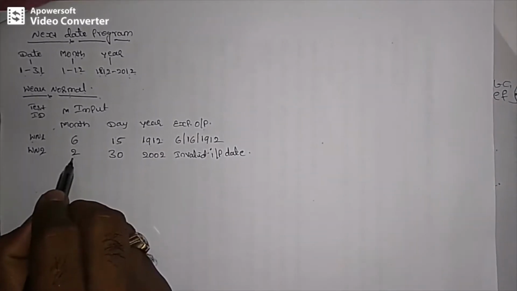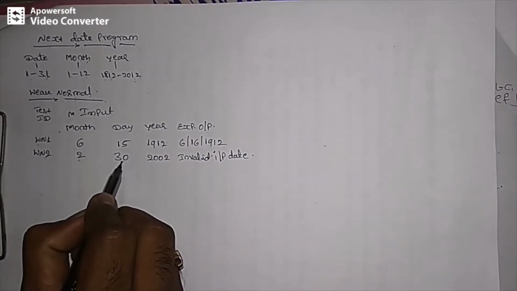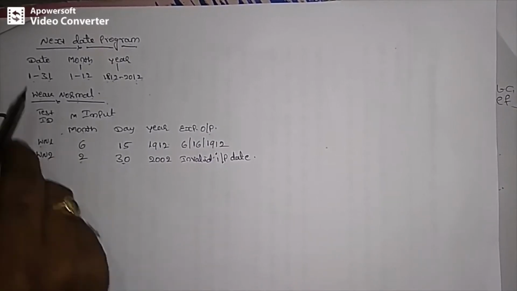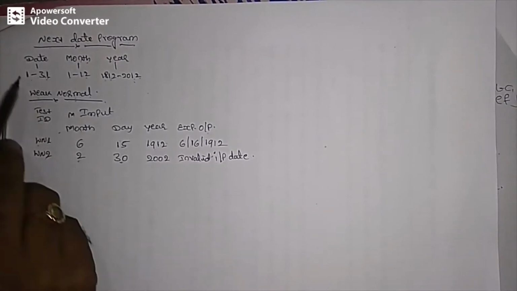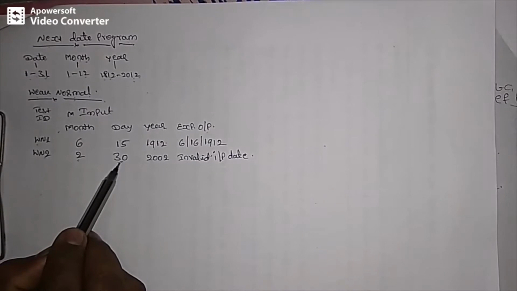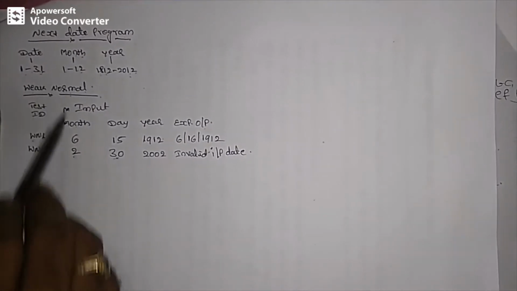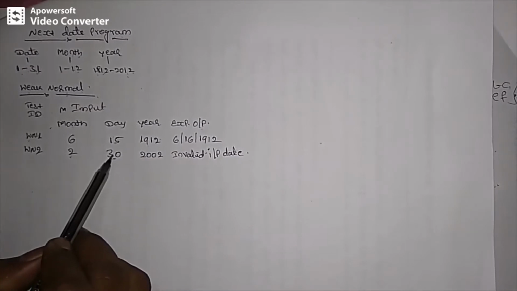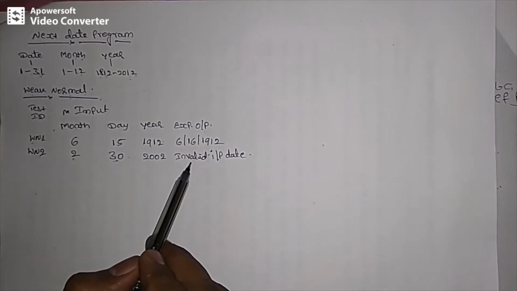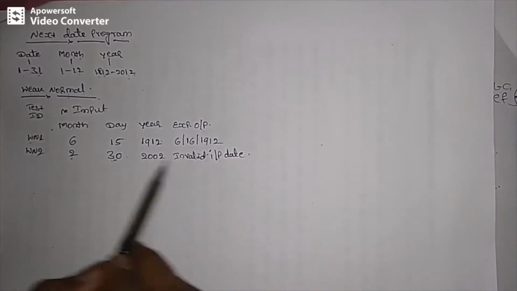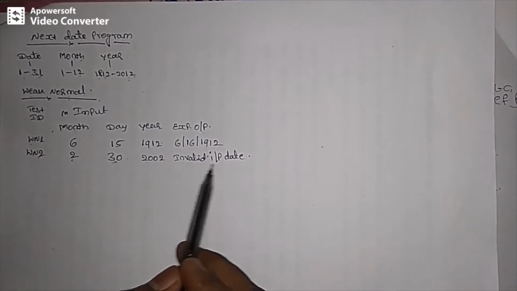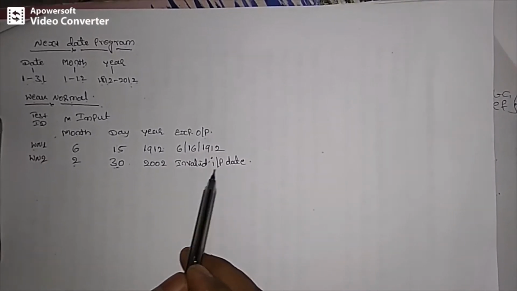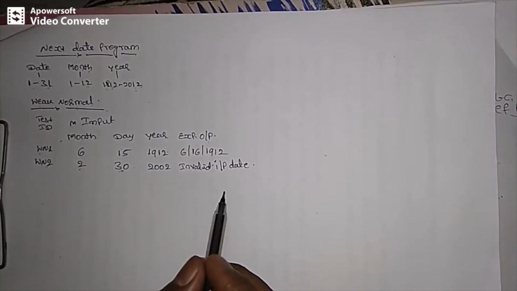Because in the February month we don't have a 30th day. As per our rules, day 1 to 31, this 30 is a valid input and the month is also valid, but in February we don't have this day. Therefore, this is the second possibility of outcome when we specify valid input variables: an invalid input date or invalid input month.